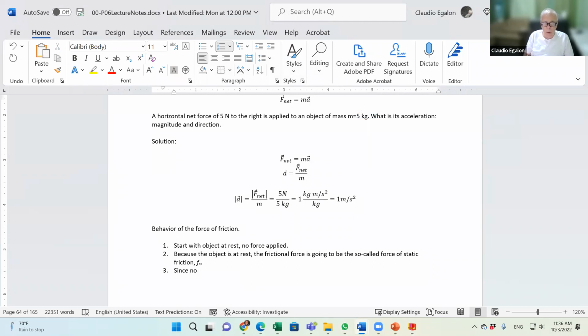Since no other external force is applied to the object, the force of static friction is going to be 0. Okay.